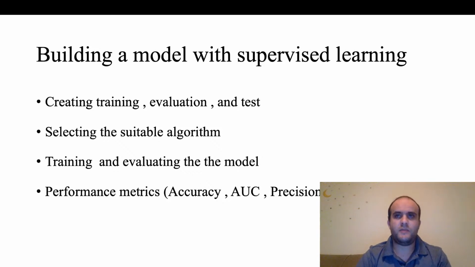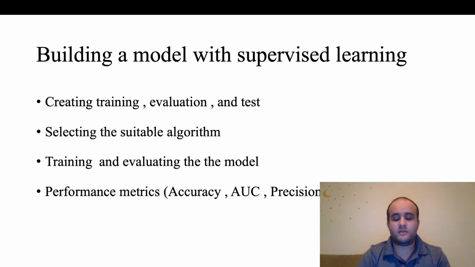So the first step is to create the training, evaluation and test sets, then select a suitable algorithm. What we mean by selecting a suitable algorithm is, for example, for images, the algorithm most suitable is CNN. For text, which is a sequence, we need another algorithm, a recurrent neural network, which is good at sequencing things together.